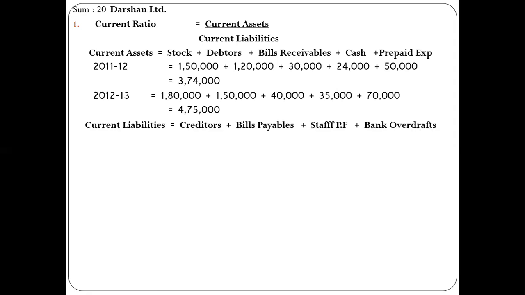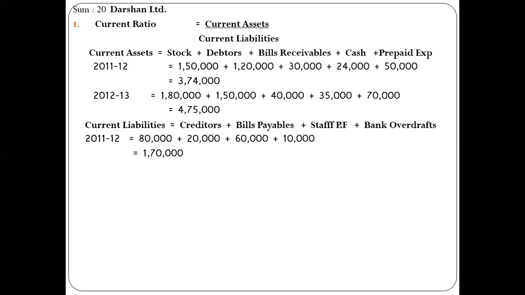Then we will find out the current liabilities. To find out the current liabilities, we have to add creditors plus bills payables plus staff PF plus bank overdraft. In 2011-12, our creditors are 80,000, bills payables are 20,000, staff PF is 60,000, and bank overdraft is 10,000.